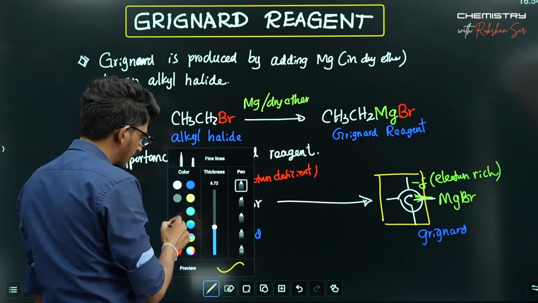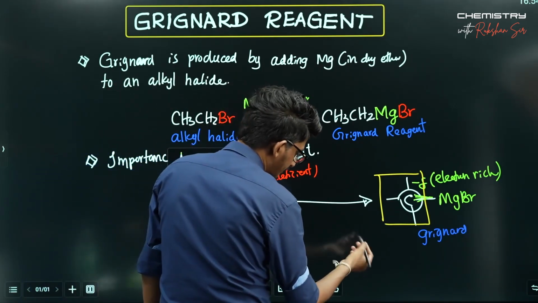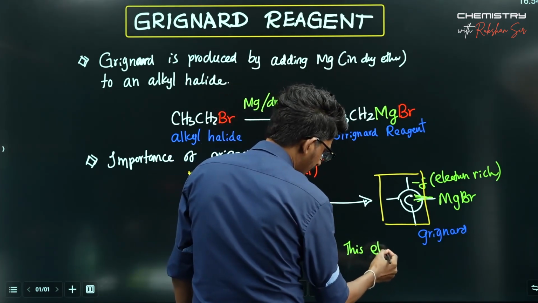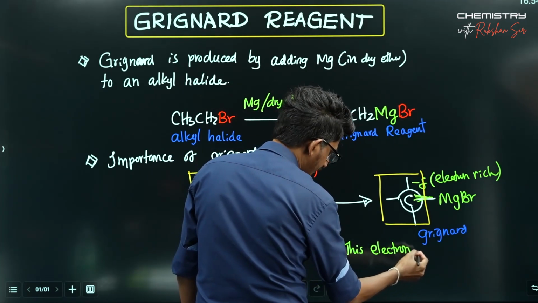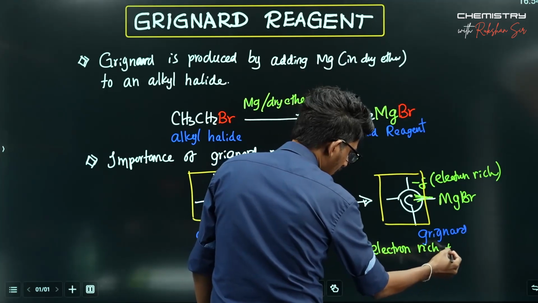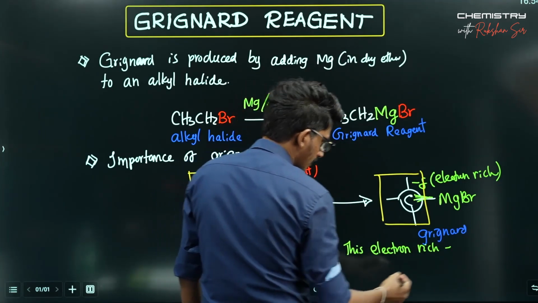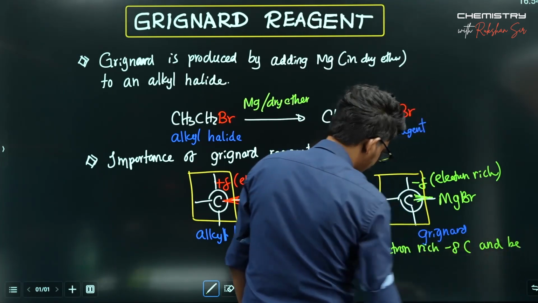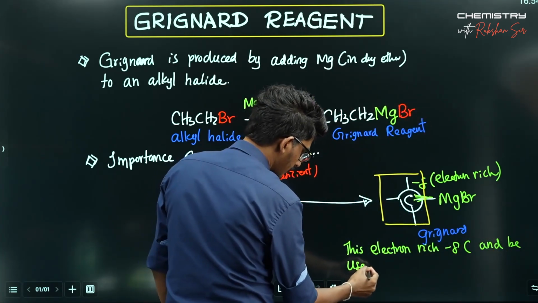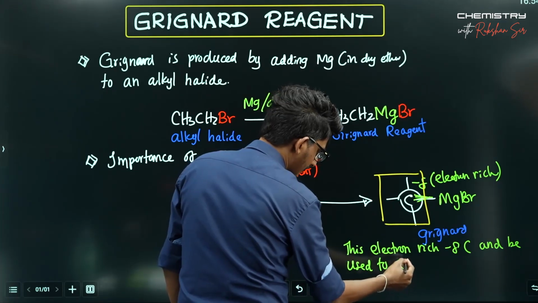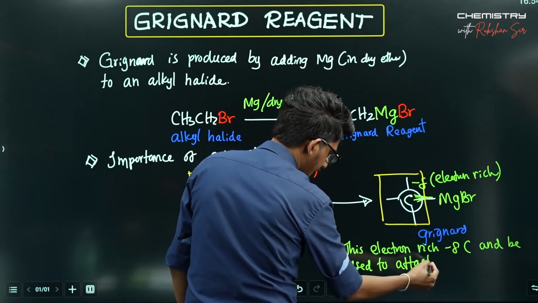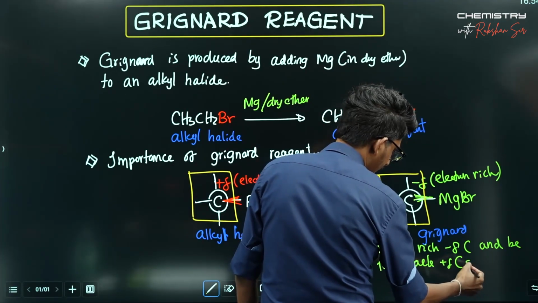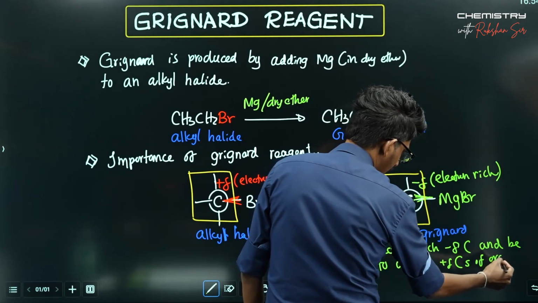So after making the Grignard reagent, this electron rich new delta negative carbon can be used to attack delta positive carbons of organic compounds.